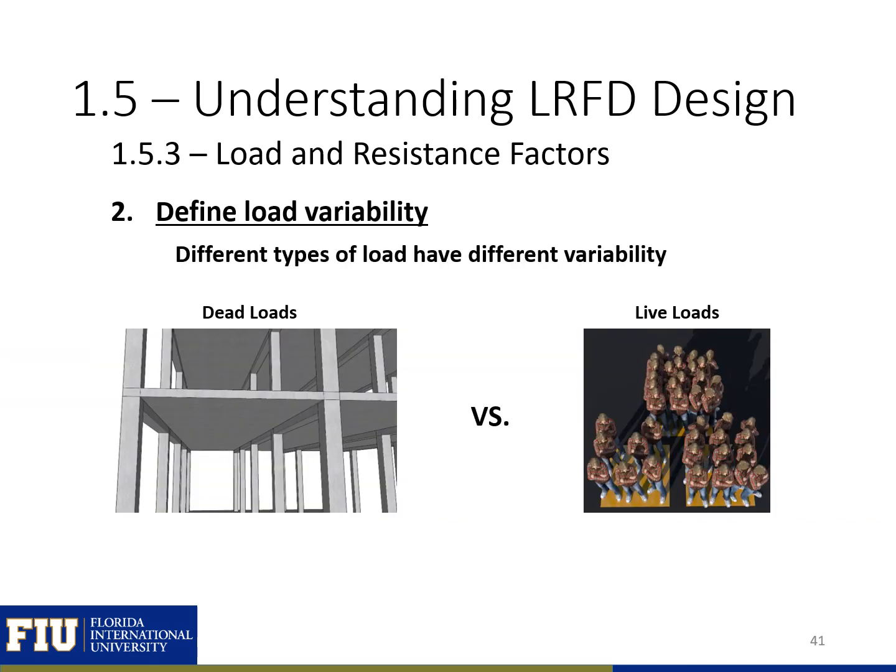Next, we can look at our load variability. So different types of load have different variability. Our dead loads are going to have different variability from our live loads. So dead loads are less variable than live loads. So this means that we can have smaller load factors for dead loads than our live loads.